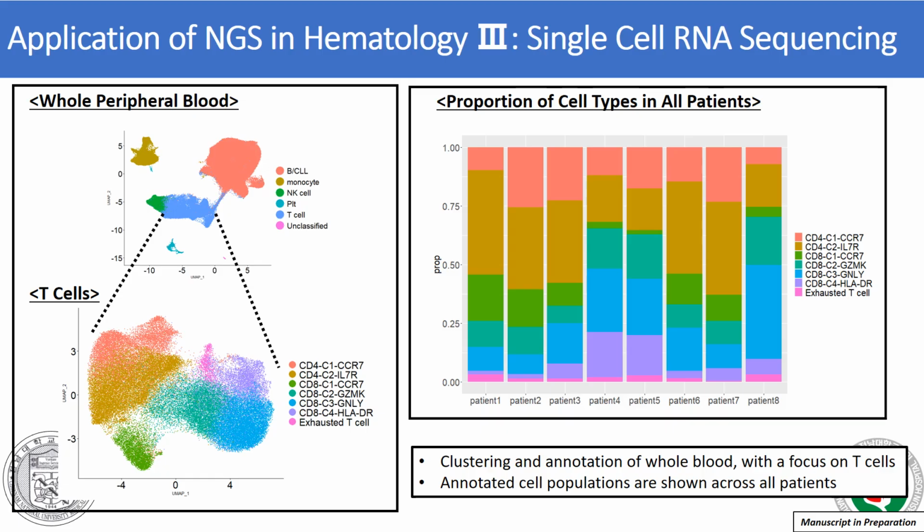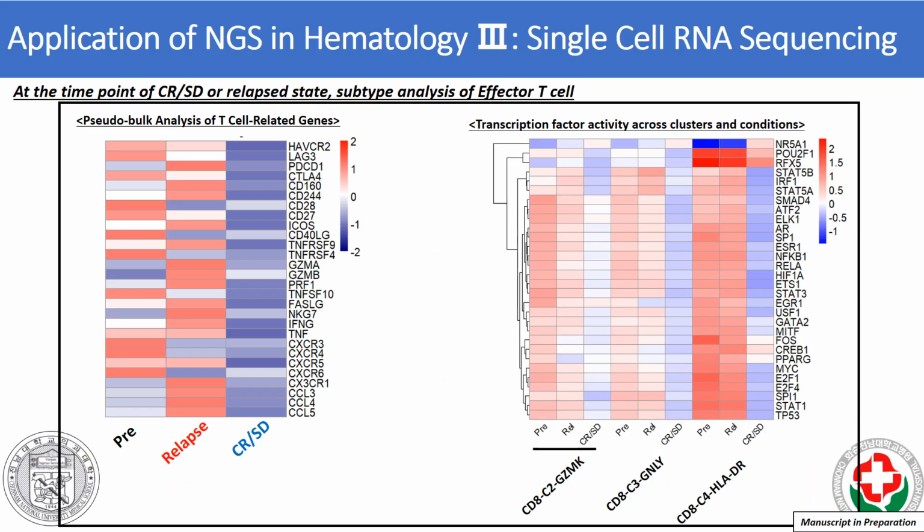So I performed the standard single cell analysis, clustering all the immune cells, identifying the major cell types, and zooming in to the cell type of interest, for me the T cell. I mainly focused on the CD8 effector T cell, which has already encountered the antigen and has anti-tumor activity.